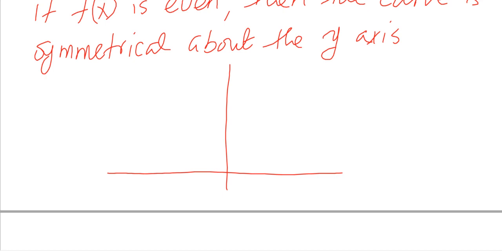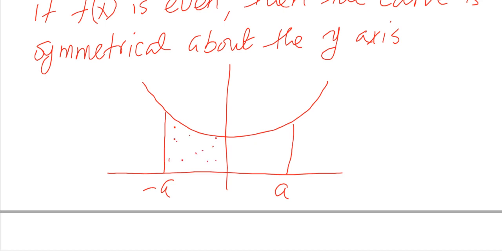I will draw the simplest one, something like that, so that when we talk of minus a, we have minus a there and a here. Because of the symmetry, the area of this region here, which I can call A1, must be equal to the area of this other region that I call A2.